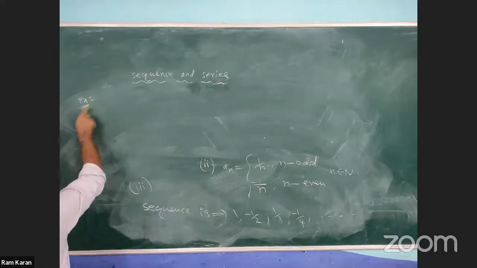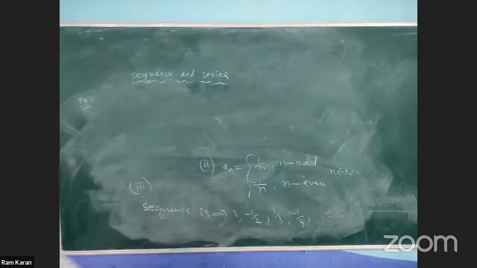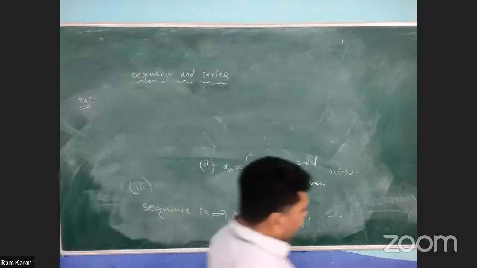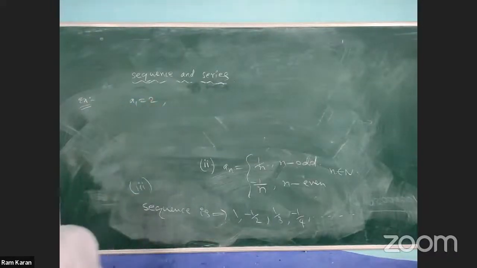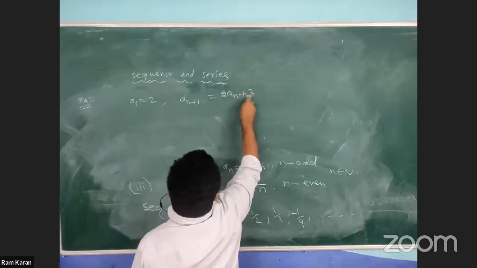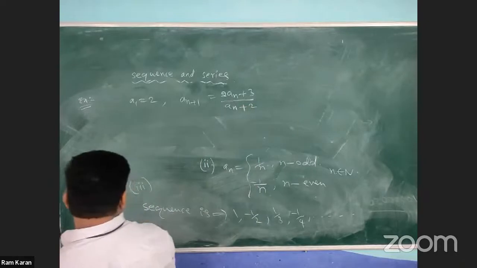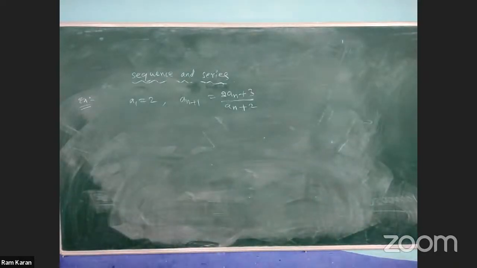Example 2: write the first 3 terms of the sequence defined by a_1 equal to 2, a_(n+1) equal to (2 a_n + 3) by (a_n + 2). Write the first three terms of this sequence.